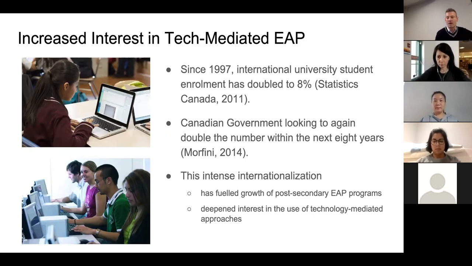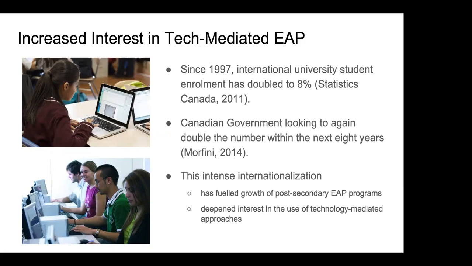These stats sort of tell the story that from 2011, international university student enrollment has doubled to 8%, and the Canadian government wants to continue that, largely because of funding cuts and constraints, and international students, as we know, pay more fees, so they are an important resource in the post-secondary context.